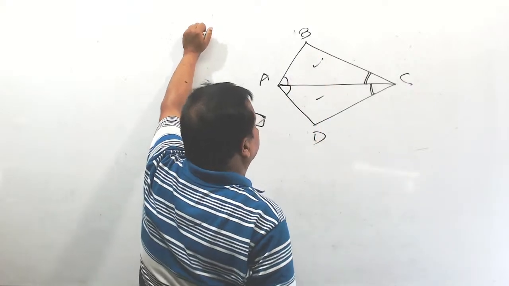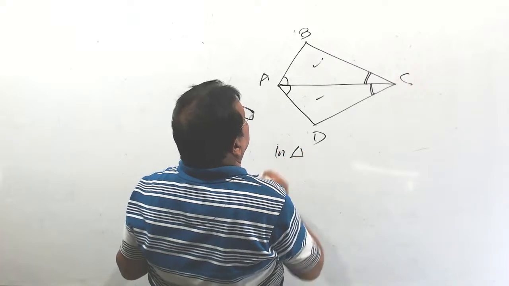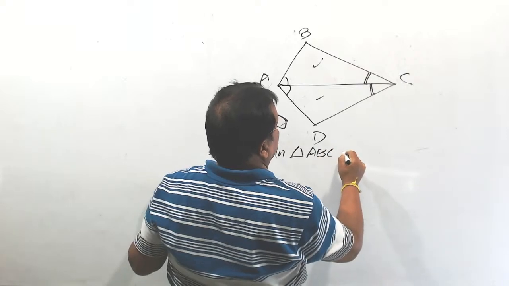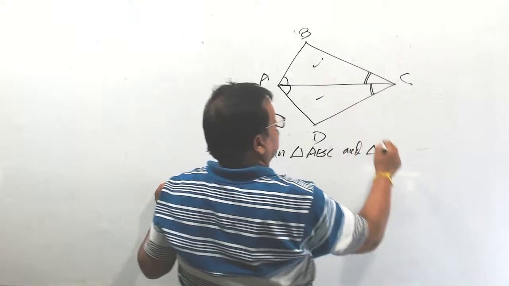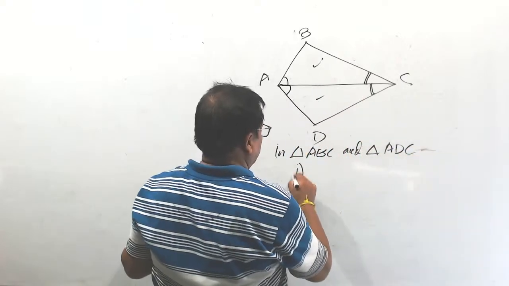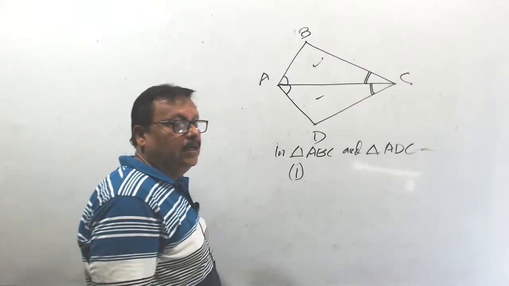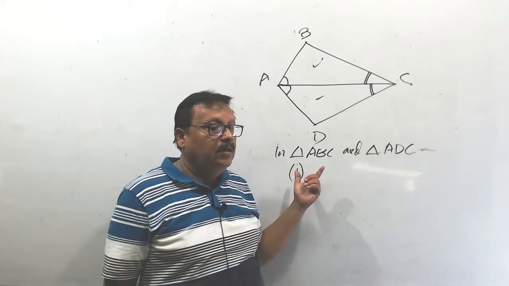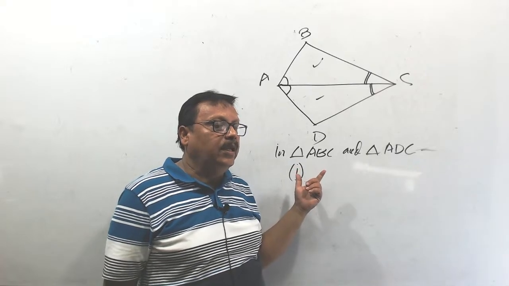That is, in triangle ABC and triangle ADC. Number one, AC is common, isn't it? AC equal to AC, don't write this way.